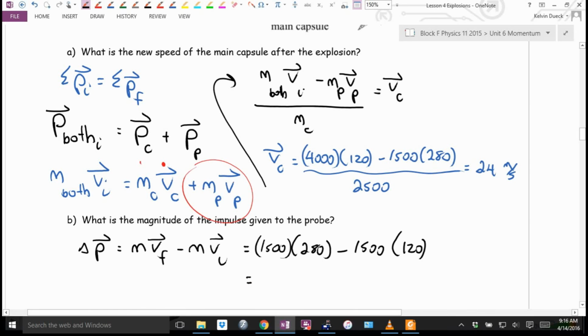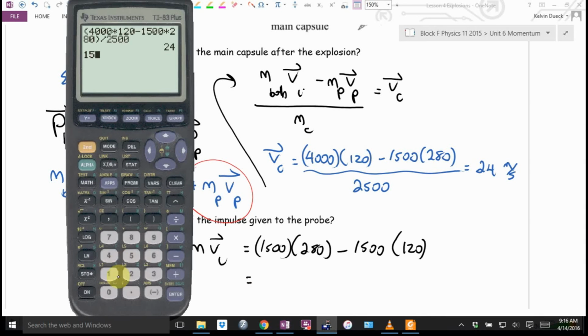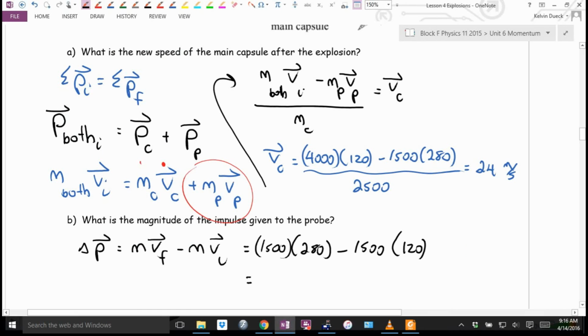It gained impulse. I think we're going to get a positive answer. 240,000? Yeah. 240,000 newton seconds or kilogram meters per second.